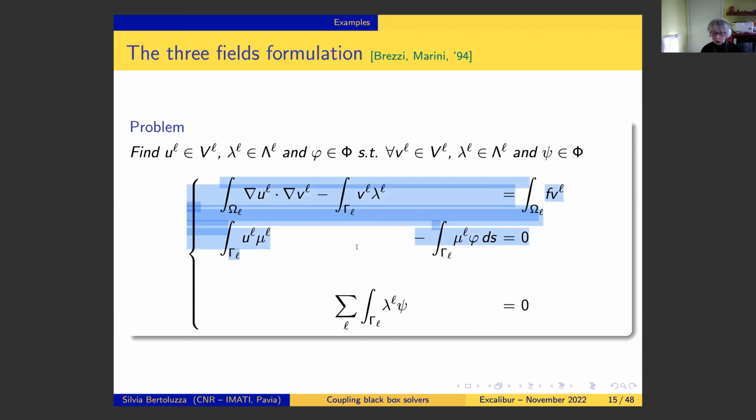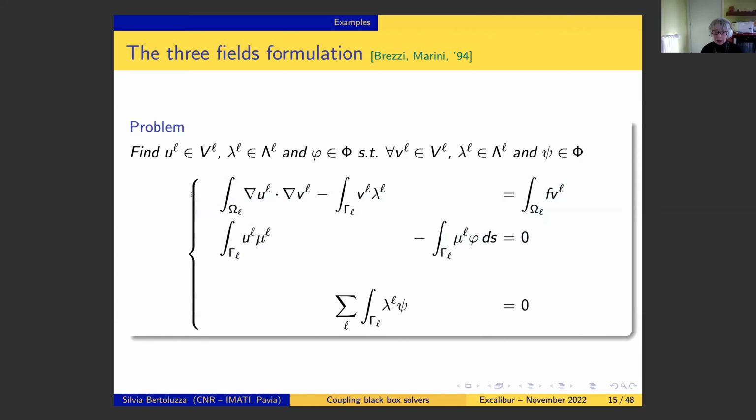The first two equations are basically minus Laplacian of u equals f in the subdomain Omega_L with a boundary condition u_L equals phi imposed by a Lagrange multiplier in the spirit of the Babuška method. Once you solve this, you know that lambda_L is the outer normal derivative. So the last equation is simply continuity of the normal derivatives, okay?